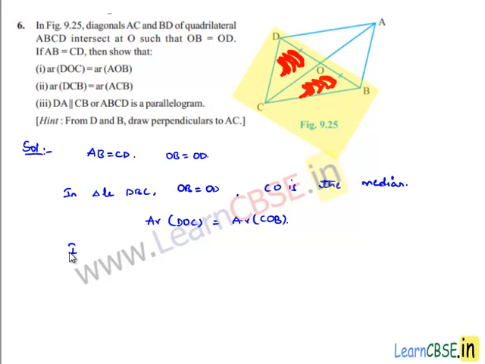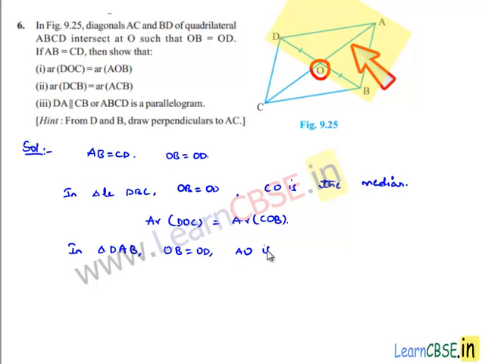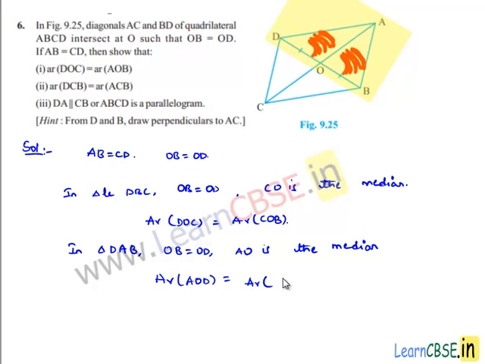And again, if we consider triangle DAB, OB is equal to OD, so AO is the median. Therefore, we know that in a triangle, area is divided by the median into two equal halves. We can say here area of AOD is equal to area of AOB. Let this be equation number 1 and this be equation number 2.